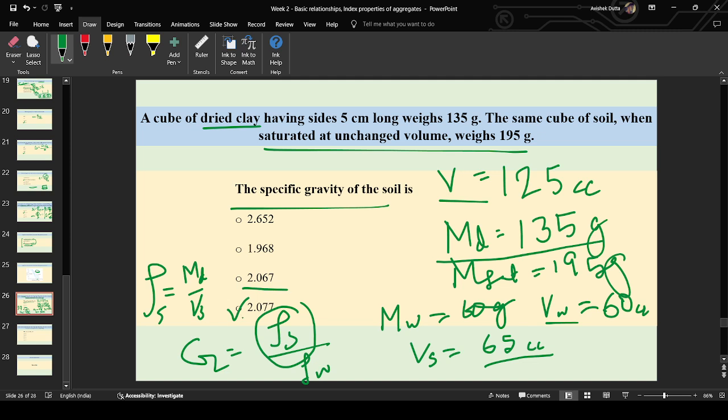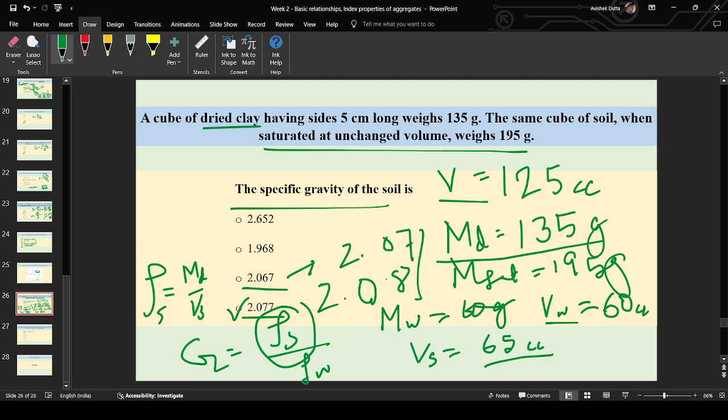If it is up to 2 decimal places, it will go to 2.08, but this will remain 2.07. So this is a very minor change, there is no big thing over here, but the calculation had to be specific because the values are very simple.